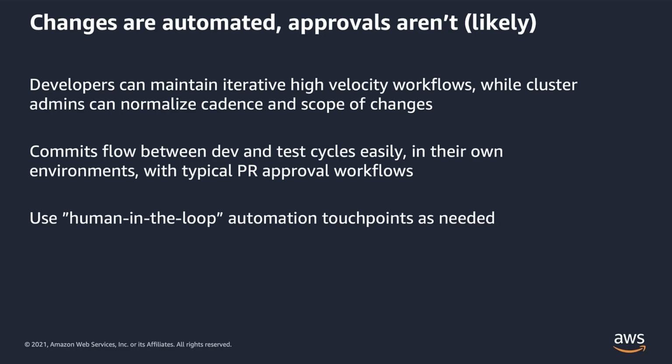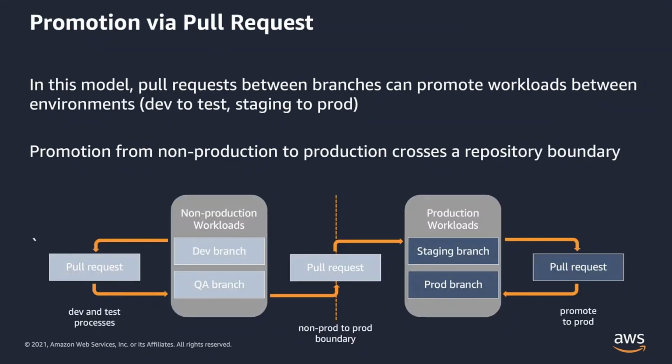So commits flow between dev and test cycles in their own environments with PR approval workflows, and humans approve things. And then when it's time to promote to prod, you just do the same thing. You have a PR. But instead of a PR between branches, you're now going to PR between repos, right?